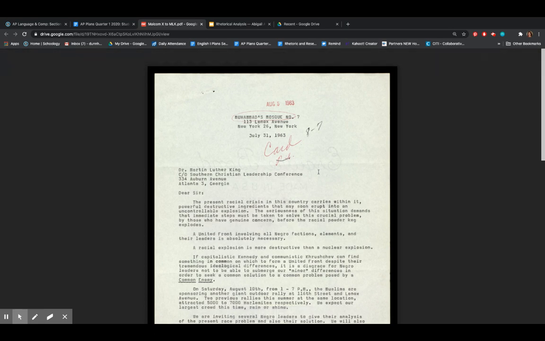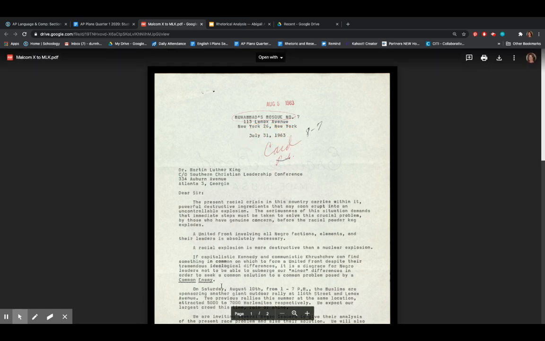So do a little research on MLK and Malcolm X's relationship. And I'd like you to do a little research into the time period where the letter was written. In particular, this event that Malcolm X invites MLK to, the Harlem Rally on August 10th, 1963. Do a little research into that so you know a little bit more about it.